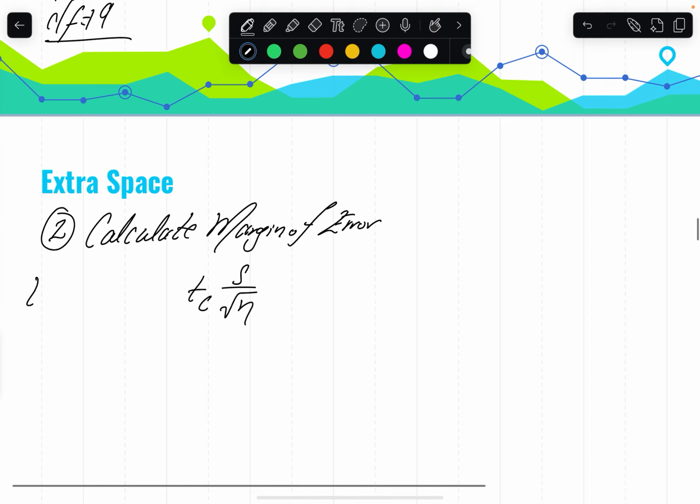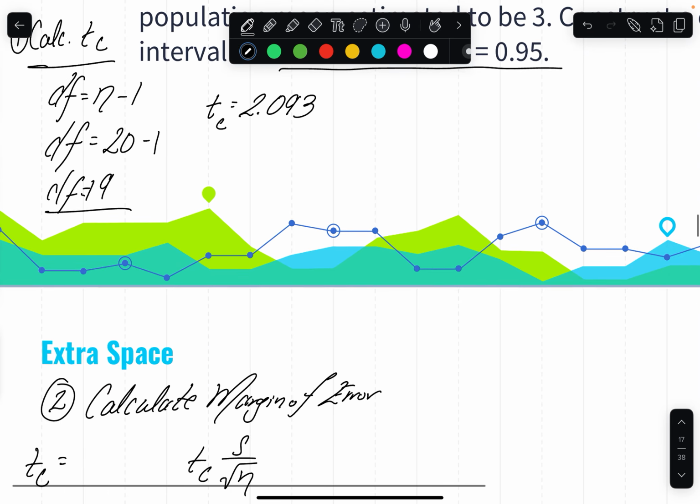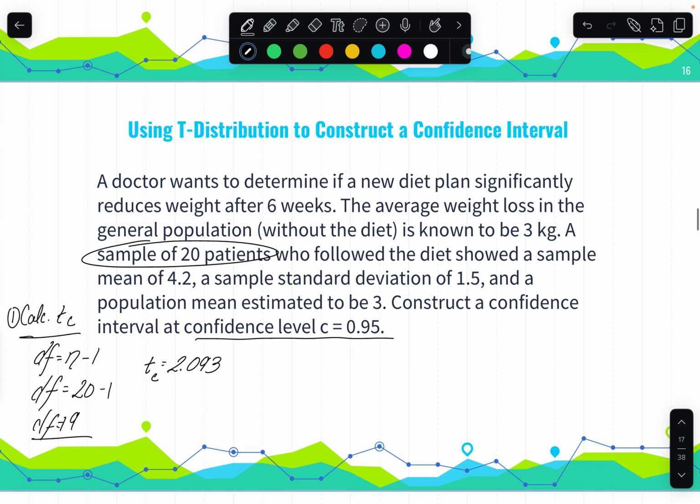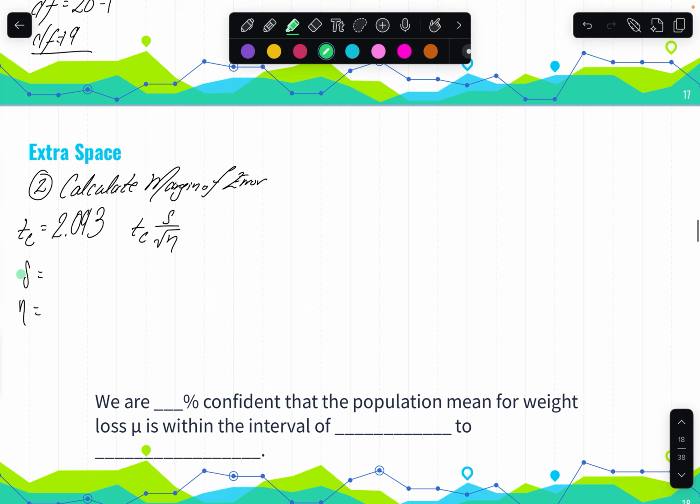Okay. Your critical t-value is the one that we found on the chart, the 2.093. And now we need to find out what the sample standard deviation and the sample size is. Okay, sample standard deviation here was stated to be 1.5. Let's do the color coding system again.